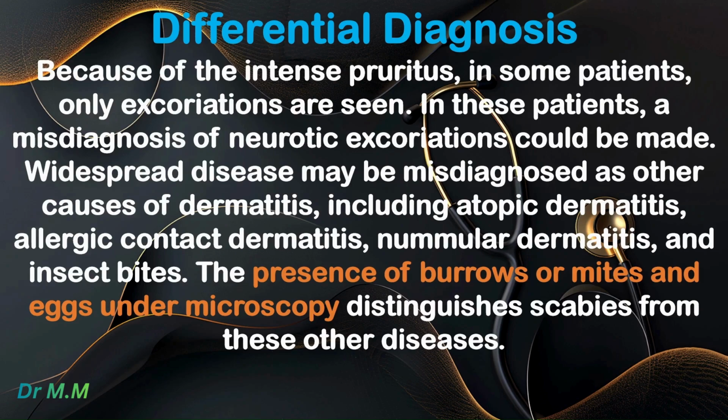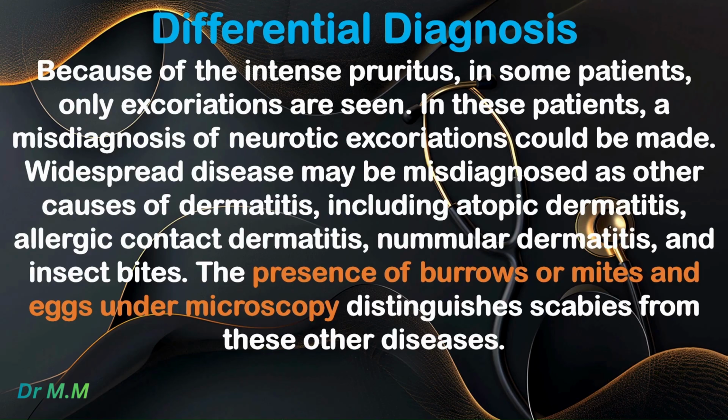Differential diagnosis. Because of the intense pruritus, in some patients, only excoriations are seen. In these patients, a misdiagnosis of neurotic excoriations could be made. Widespread disease may be misdiagnosed as other causes of dermatitis, including atopic dermatitis, allergic contact dermatitis, nummular dermatitis, and insect bites.